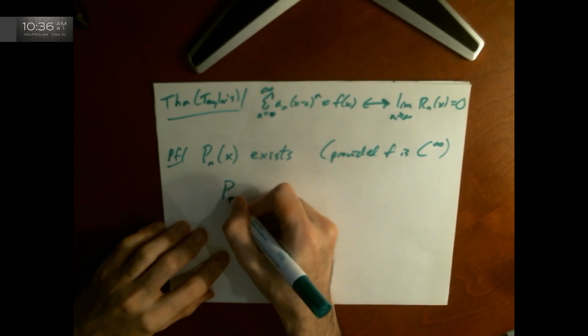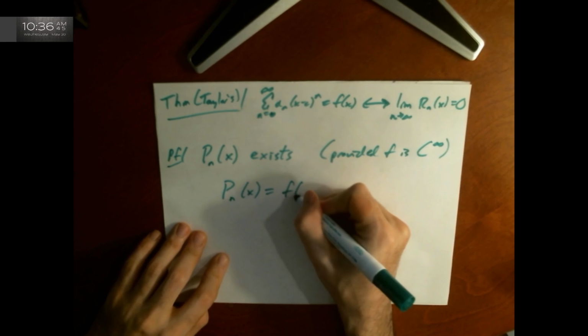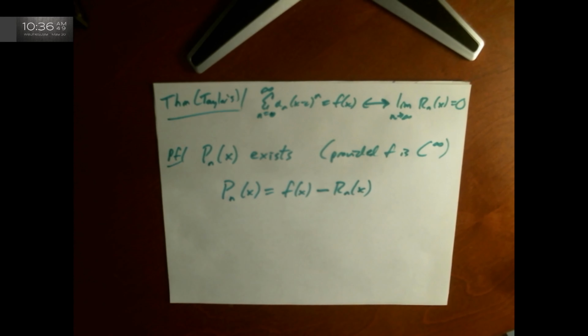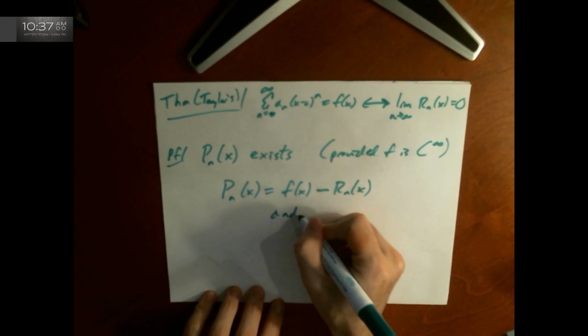Well, technically this is a step of algebra later, but we know that the nth Taylor polynomial is f of x minus the remainder. The definition step is that f equals the polynomial plus the remainder, right? And then I just subtract, no problem. And then the key is to note the following.